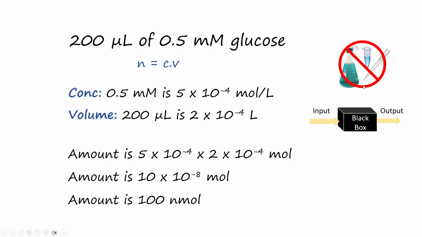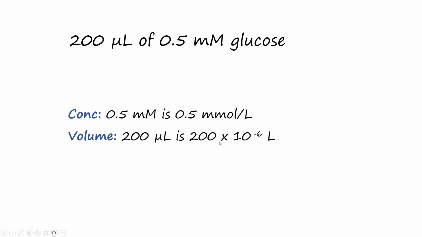So not only have we lost the visual flow, but we've really gone into black box land because we haven't got those nice -3, -6, -9 indices. Now where the wheels really fall off the bus is where students try and mix the approaches. They've got the 0.5 millimolar kept as millimoles per litre, but then they get into scientific notation land with the volume.